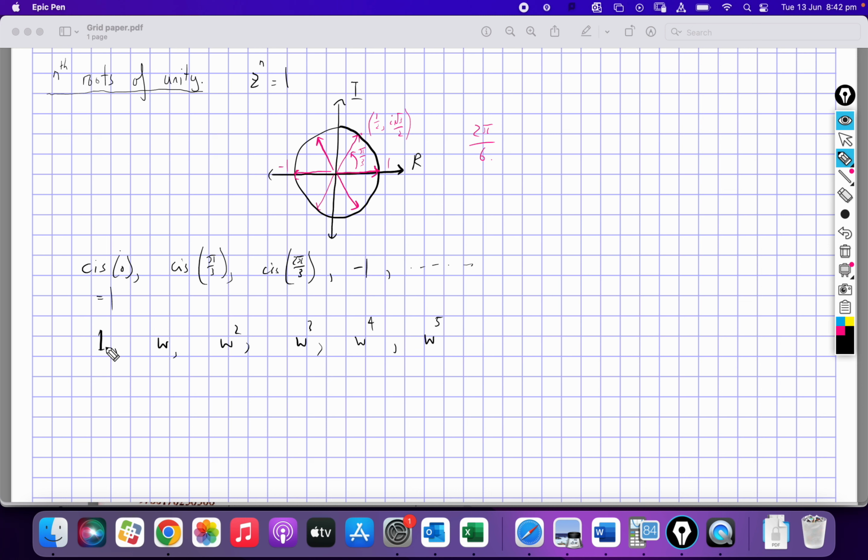All right, so the first root is 1, and then you've got 2, 3, 4, 5, 6 roots total. And what you're doing is you're saying let w be cis, well, in this instance, 2 pi divided by 6, although obviously that's just pi on 3.